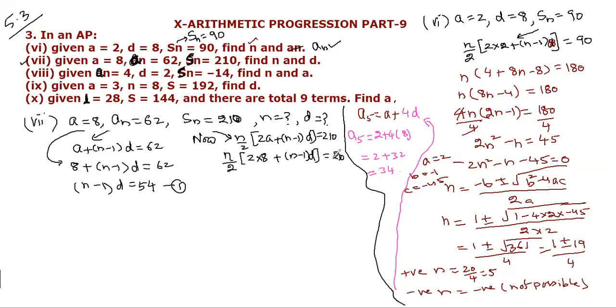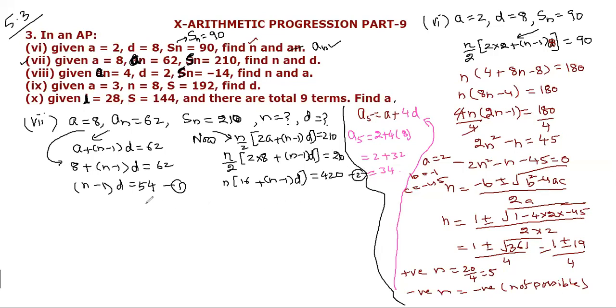Now this 2 will come here, and we can write n into 16 plus n minus 1 into d is equal to 420. 2 will multiply with 210. This is equation number 2.